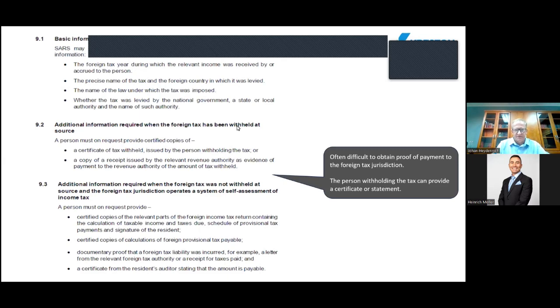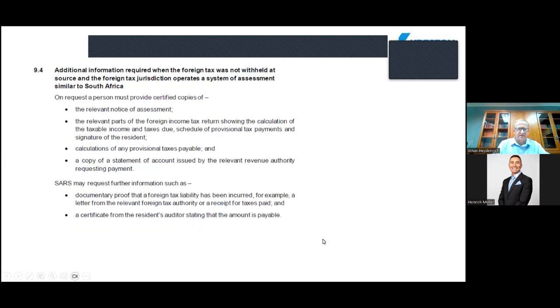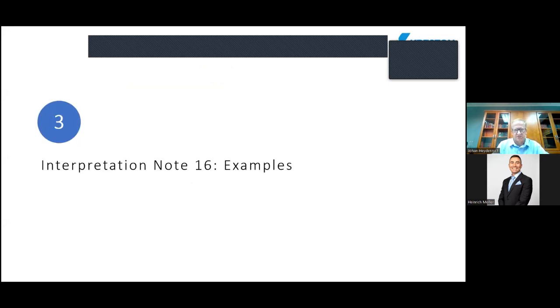If it's similar to South Africa, again, you have got a branch in Namibia and you have to submit a tax return in Namibia, then you need to have some information there, even a calculation from the auditors, or some kind of affidavit from the auditors that it is due and payable.